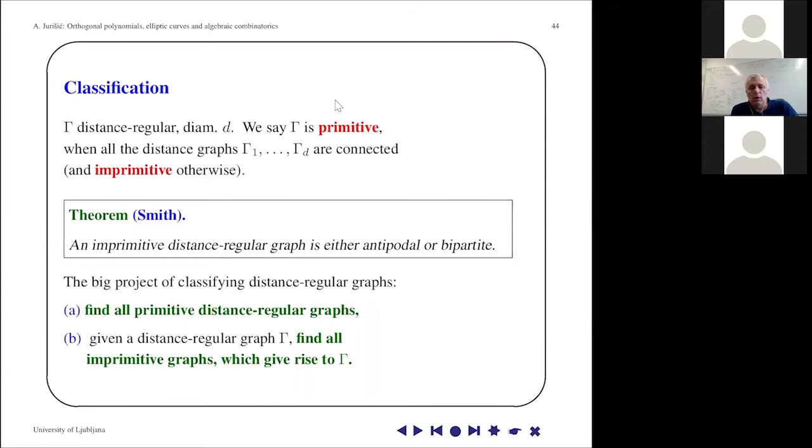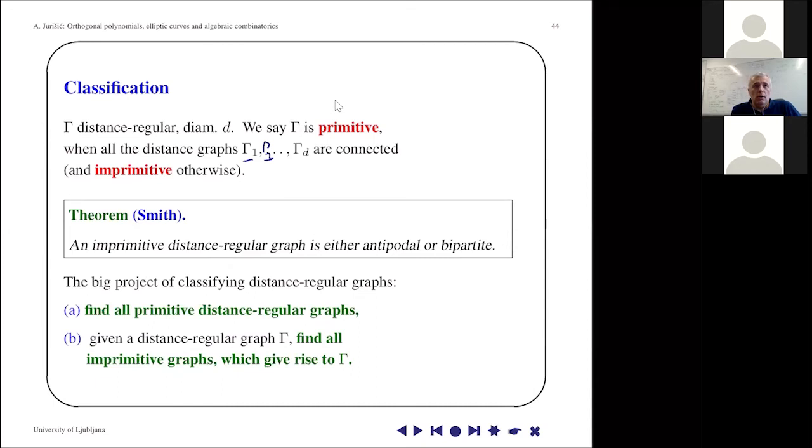But first, let me say that if we want to classify all distance regular graphs, one way of classifying these graphs is by determining what the primitive graphs are. These are the graphs where the distance graphs, so the gamma 1 graph, gamma 2 graph when we join the vertices at distance 2, or gamma D graph when we join the vertices at distance D, are all connected. Now in the antipodal case, gamma D is just a union of cliques, and in the bipartite case we have two parts, so gamma 2 is not connected.